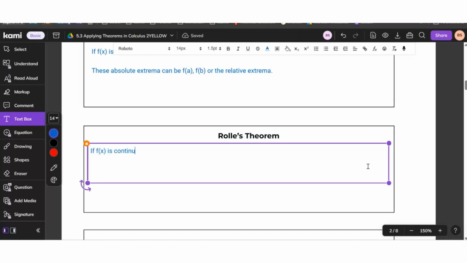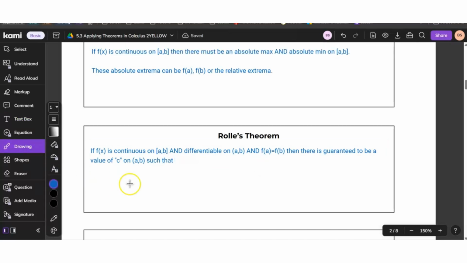If f of x is continuous on AB, and now we get to our differentiable part, differentiable on AB, and f of A equals f of B, then there is guaranteed to be a value of C on the interval AB such that f prime of C equals 0.